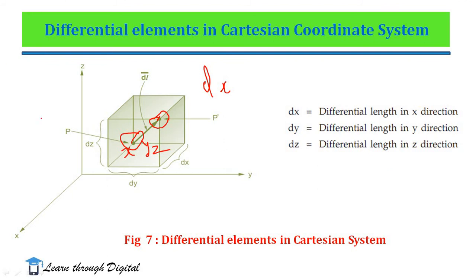So therefore the new point P dash is x plus dx, y plus dy, z plus dz. Point P is x, y, z and P dash is x plus dx, y plus dy, z plus dz.